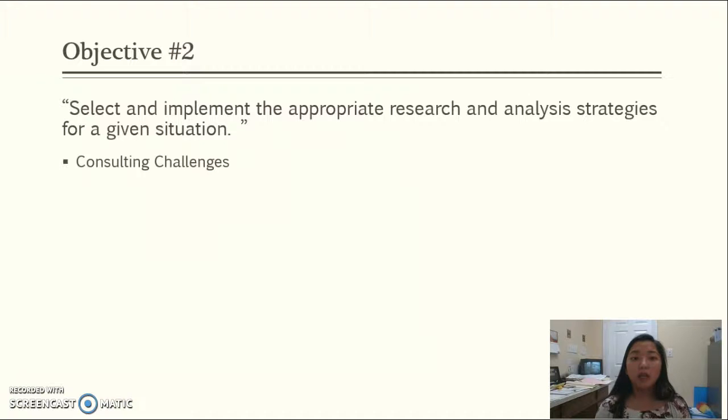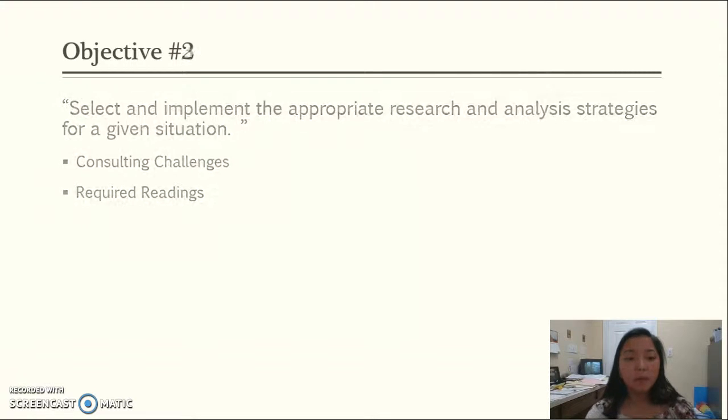That was very challenging, but it did help me solidify the information in my mind. The required readings, again, really brought that information full circle, and I was able to connect the assignments to the information the textbook was providing.